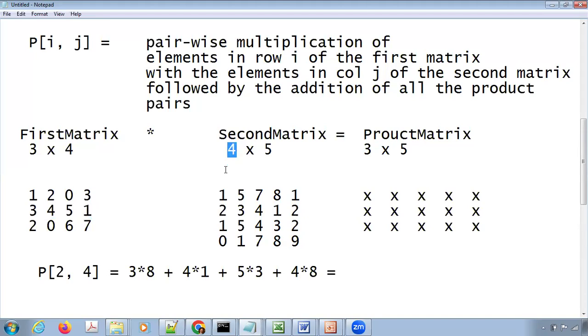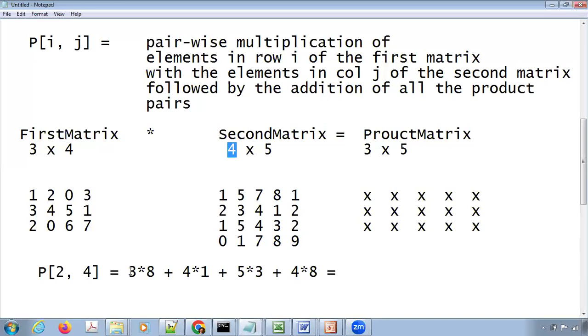That's this common dimension 4, in the 4 rows in the second matrix. So the row 2 vector of the first matrix will have 4 columns, and the column 4 vector of the second matrix will have 4 rows.